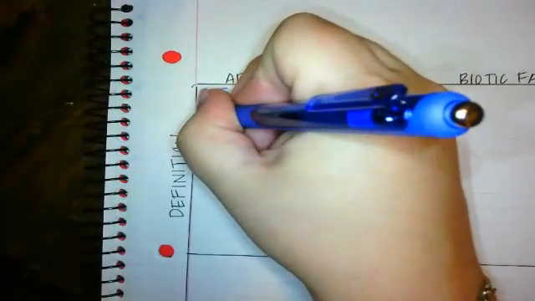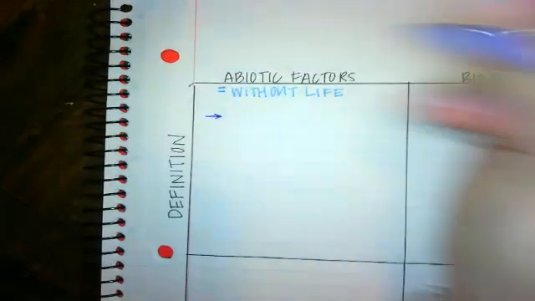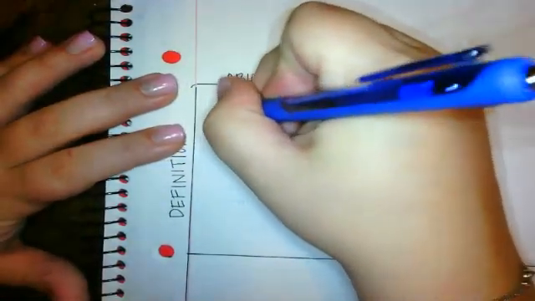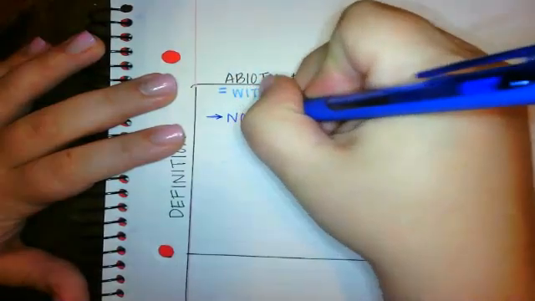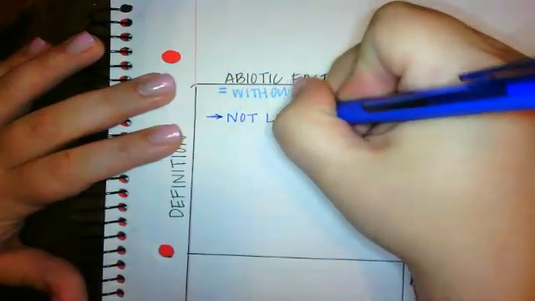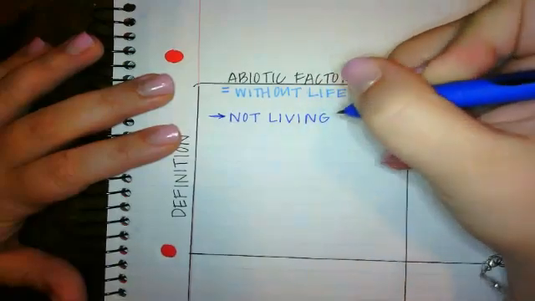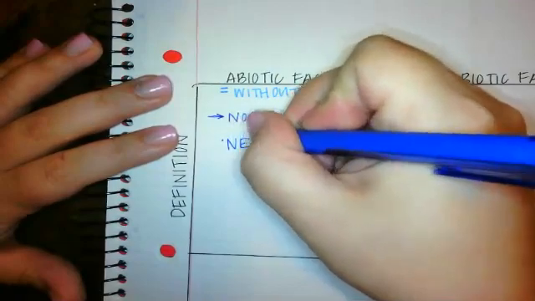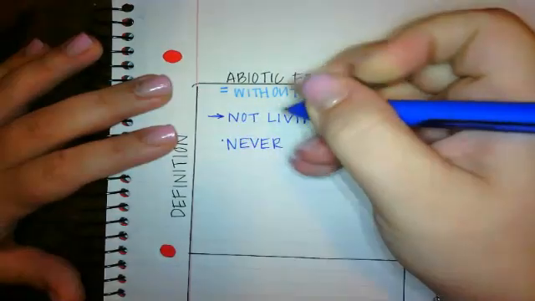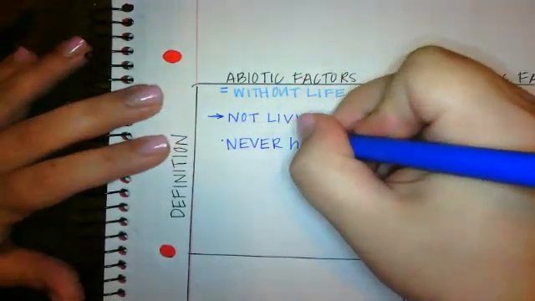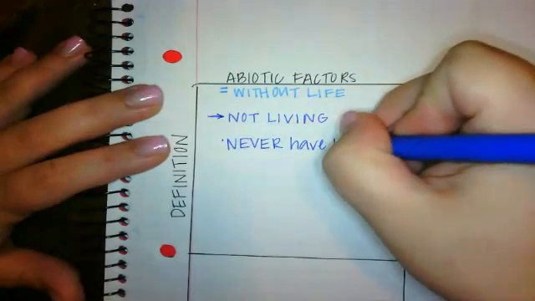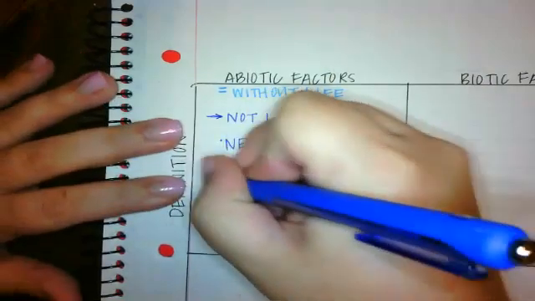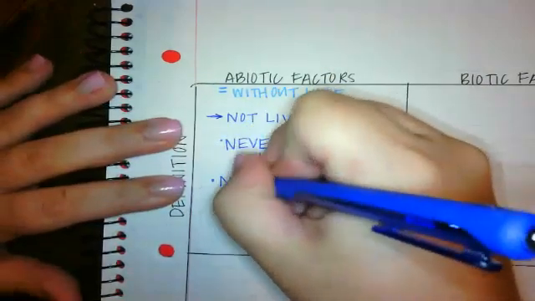We need to take some notes about different things that fall into this. Just to kind of drive our point home, we already know that abiotic factors are without life. We need to make sure we know that they are not living. They never have been alive, and they never will be alive.